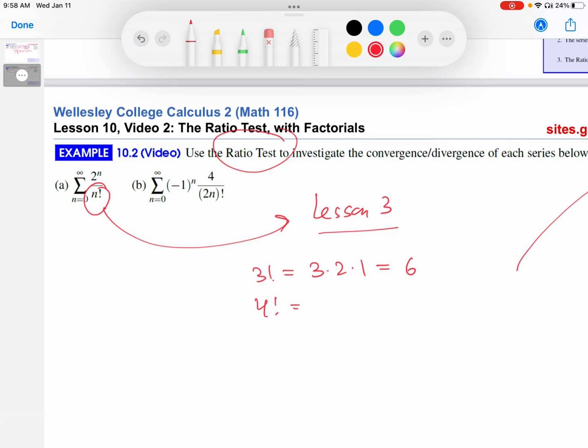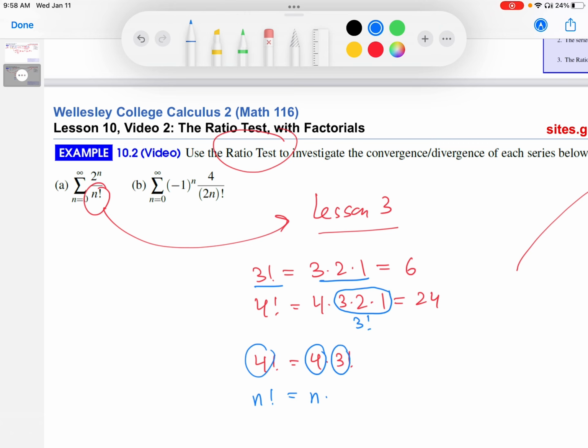And 4 factorial would be, same thing, the number multiplied by all the whole numbers down to 1. So that's 24. And then one thing you notice just writing this out is that this 3 times 2 times 1 is 3 factorial. So we have this nice property that 4 factorial is 4 times 3 factorial. And if I just generalize this, any number n factorial is going to be that same number n multiplied by n minus 1 factorial.